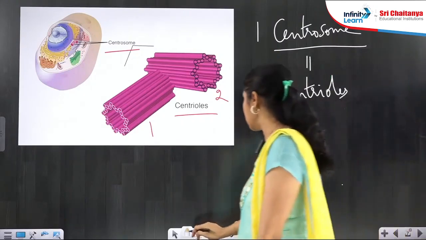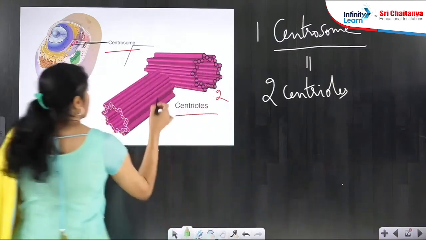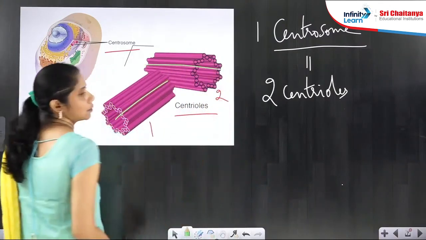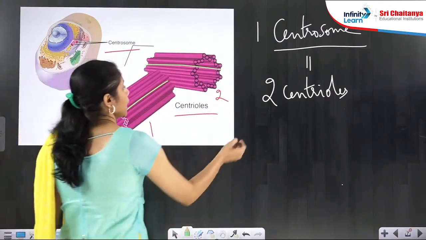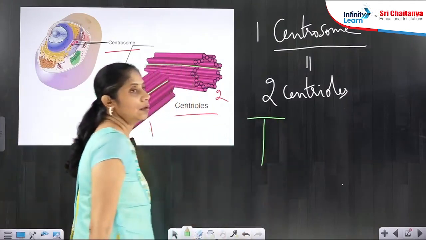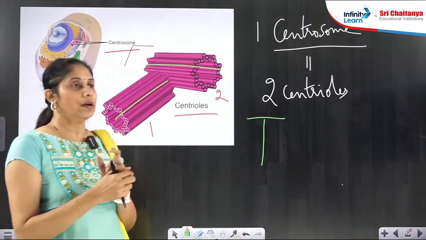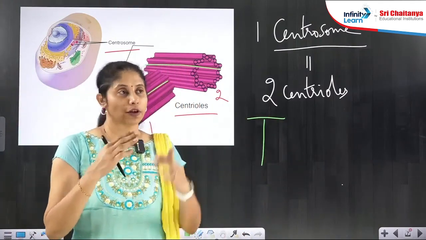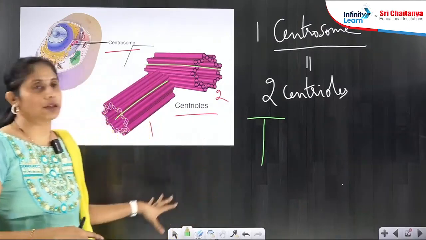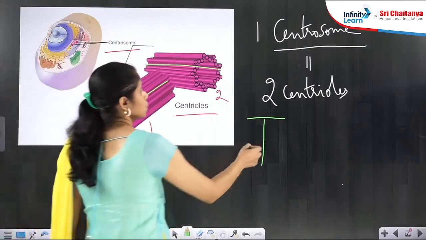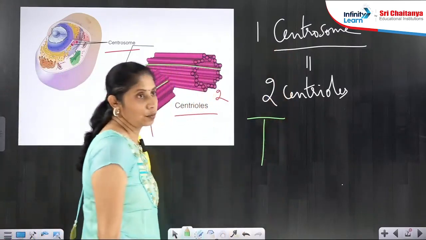You can see that this structure is like this and this is like this. Both are perpendicularly arranged. One centrosome will be made up of 2 centrioles which are perpendicularly arranged to each other. So, these 2 centrioles will form one centrosome.